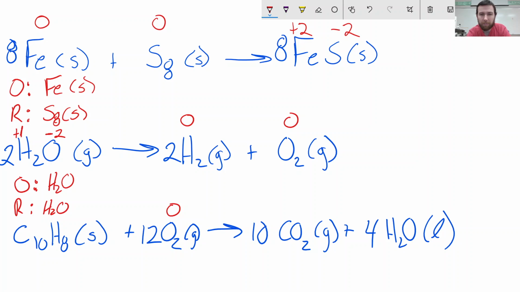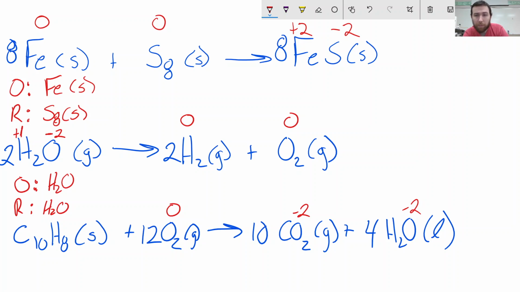And then I'm going to start dealing with everything else, right? Now I'm going to go over to the product side for a second because I see oxygen in compounds. And like we saw before, when oxygen's in compounds, unless it's with fluorine or peroxides, oxygen's -2. So I got -2, I got -2 here, all right?